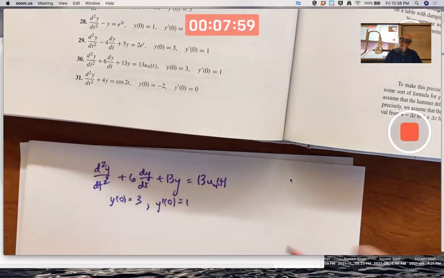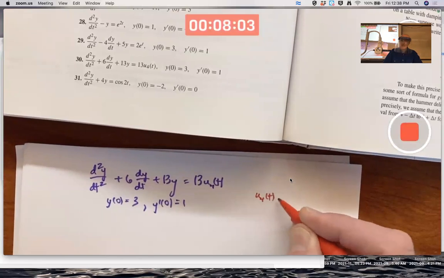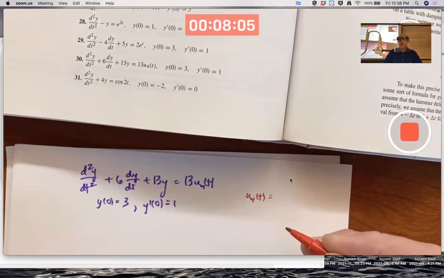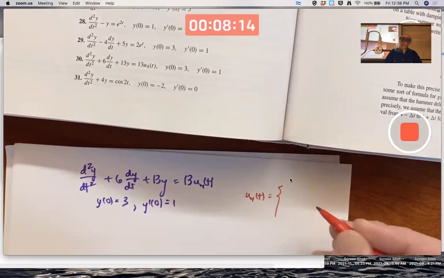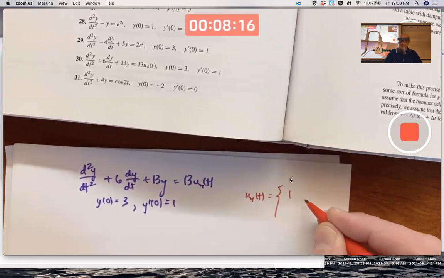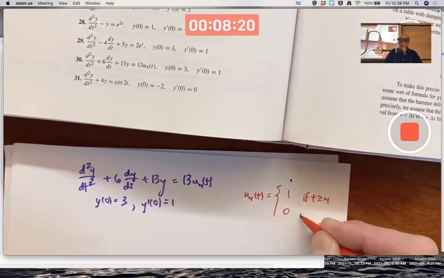And what is u4 of t? u4 of t is called a unit step function, also called the Heaviside function in honor of somebody whose last name was Heaviside. That equals 1 if t is greater than or equal to 4, and 0 if t is less than 4.